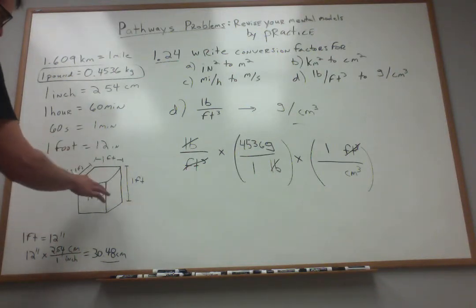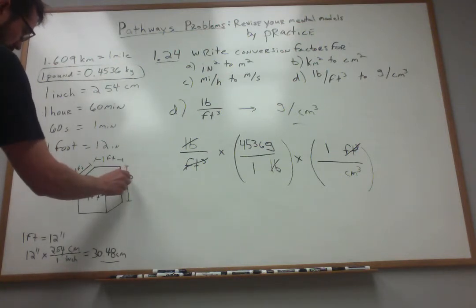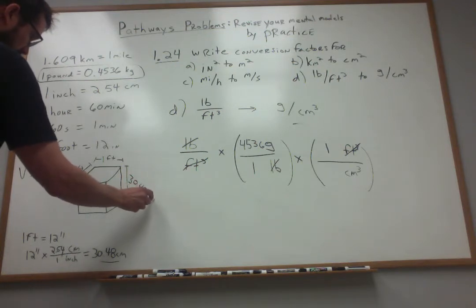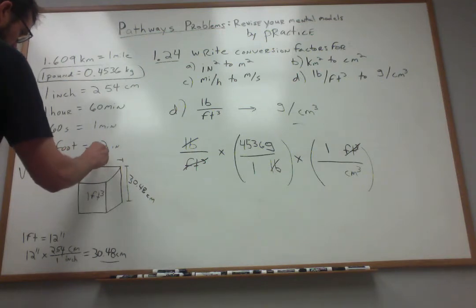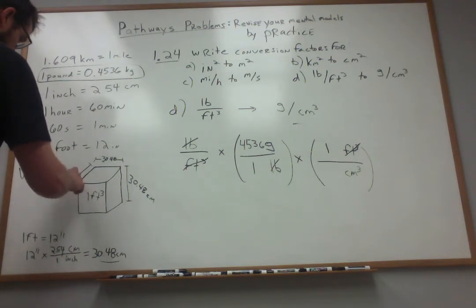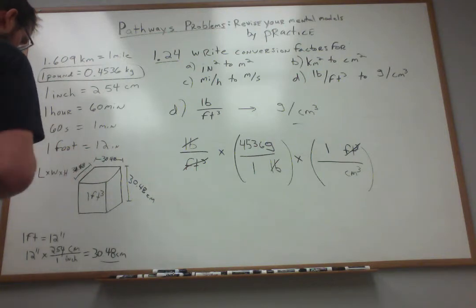So now I can describe this cube in centimeter units, not in feet anymore. So it's 30.48 centimeters tall. It's also 30.48 centimeters wide. And in addition, it's 30.48 centimeters deep.